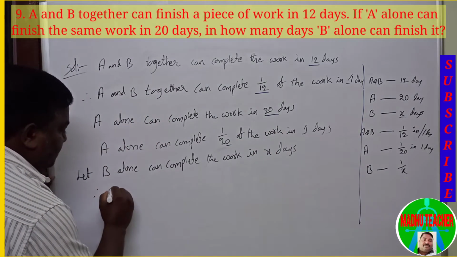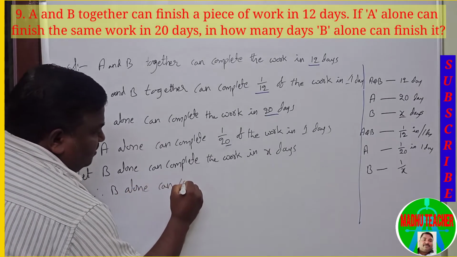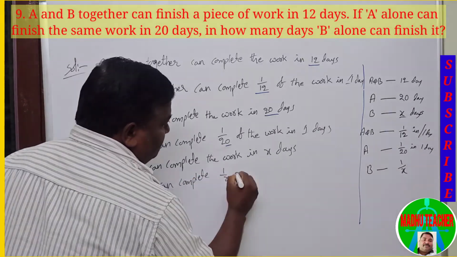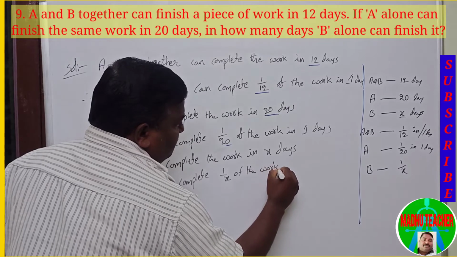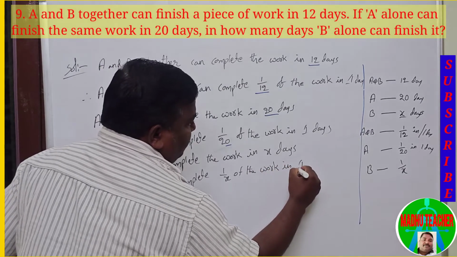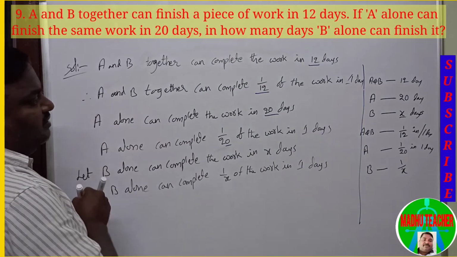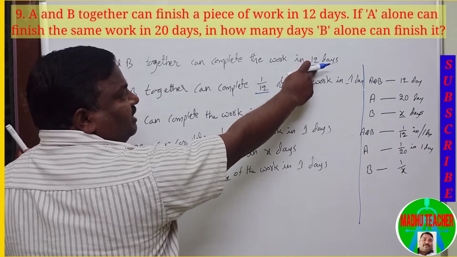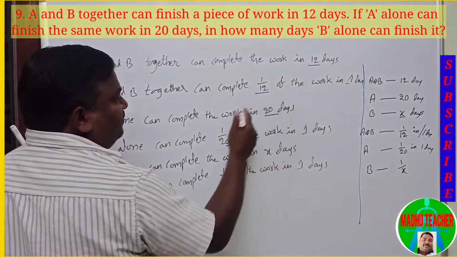Therefore, B alone can complete 1/X of the work in 1 day. It is the same as above. They took 12 days, so they can complete 1/12 of the work in 1 day.